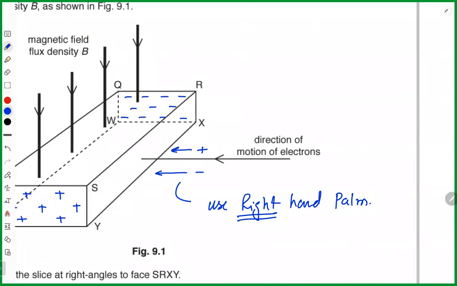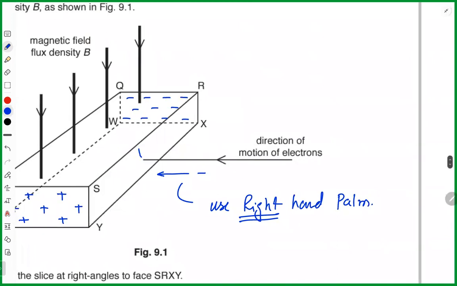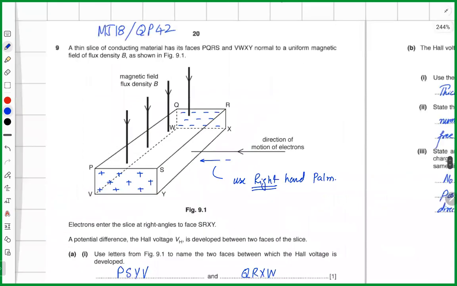If electrons are experiencing force that way, then protons will experience force in the opposite direction. So that makes the side PSYV positive as it is already. So there will be no effect if we replace electrons with protons.